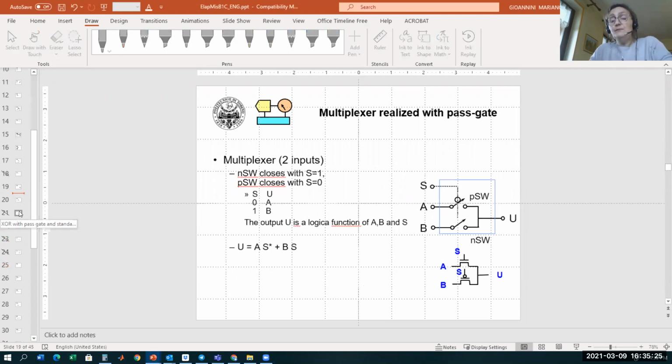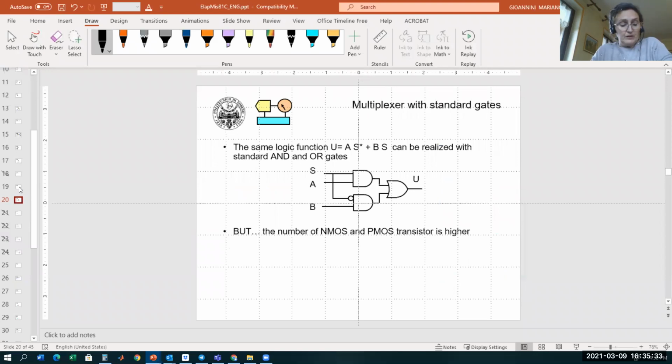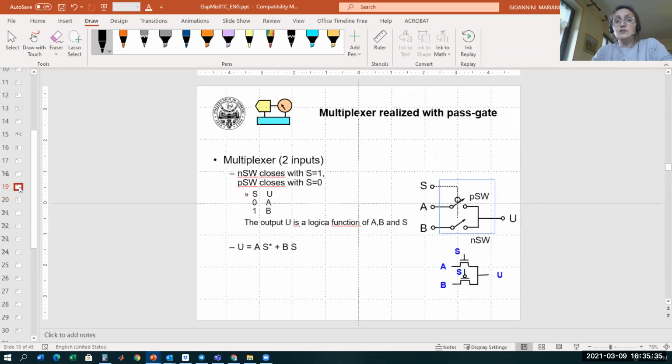This is another example, of the realization of the multiplexer function. So the multiplexer, what is it? A multiplexer is the control of an output by an additional control signal.